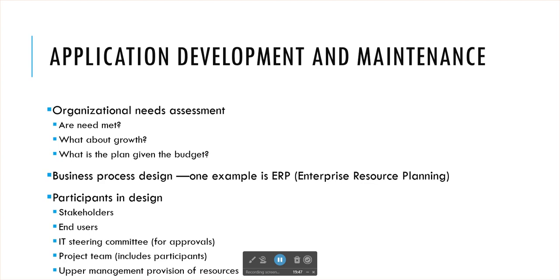Now we're moving from the database to talking about applications. And these are the specific applications that you might need in your company. So what about growth? What about the different things we might need to do in the future? The participants in all of this are the stakeholders, the end users.